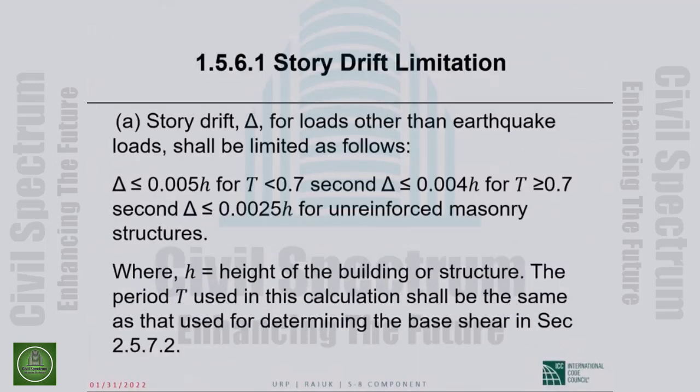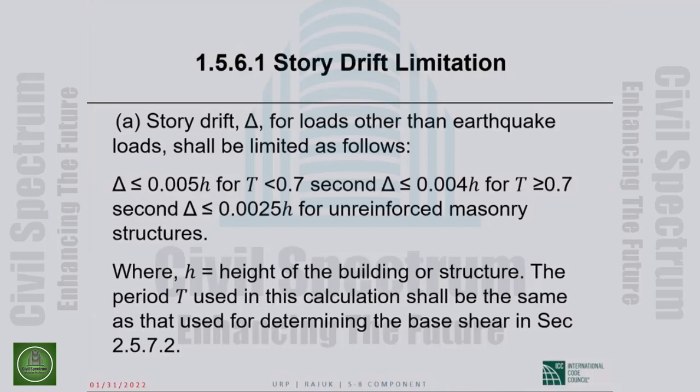Now, this is where I have a serious problem. Okay. So this is what BNBC requires: story drift delta for loads other than earthquake loads. So this will be wind. I don't know what else it would be. We typically don't have drift problems under lateral earth pressure.